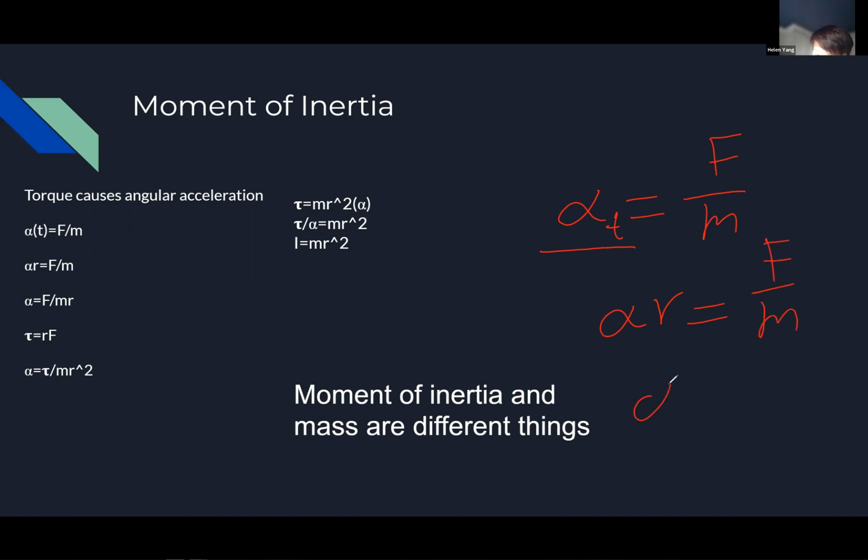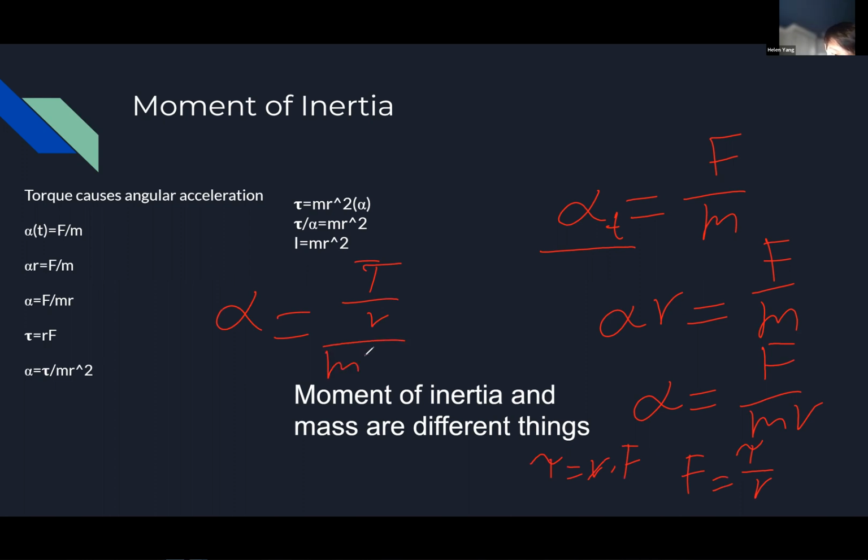So angular acceleration is equal to force over mr. We also know that torque is equal to r, the distance, times F. So F is equal to torque divided by r. Then we can start over here: angular acceleration is torque over r over m times r, which is just torque over mr squared.